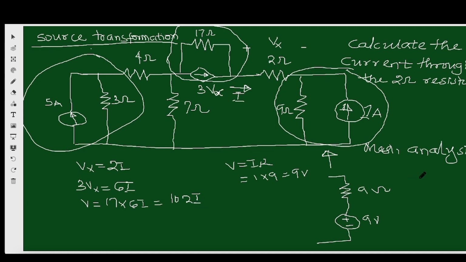So if you draw that, we have 17 ohms in series with a voltage source, which is 102I. Sorry, the plus will be here and the negative will be there.